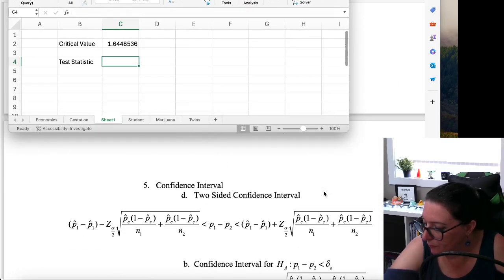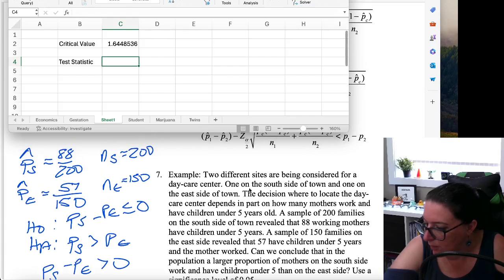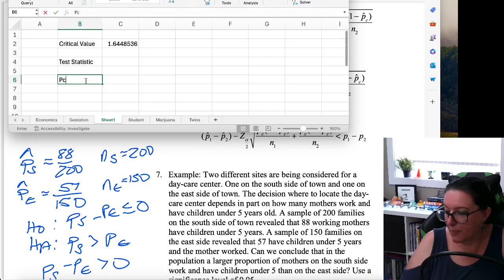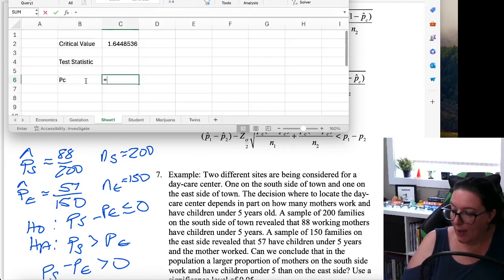We'll call this PC. We have x1, which is our 88, plus x2, which is 57.